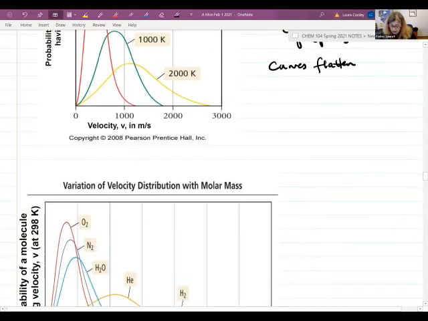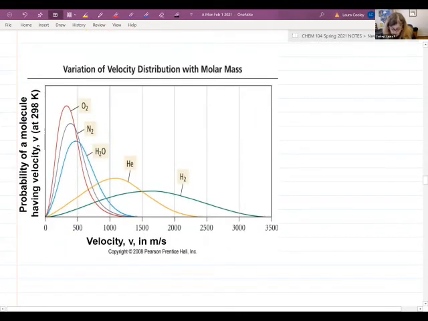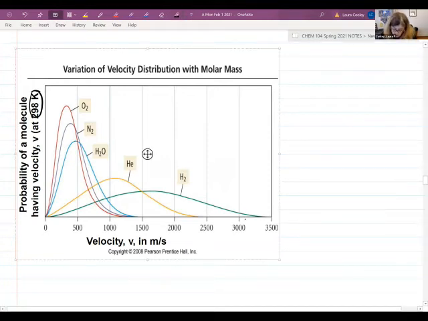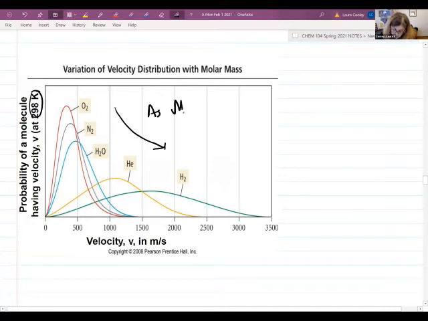And now here are some curves. This is at 298 Kelvin. Of course, this would change at different temperatures. But you can see some of the common gases: oxygen, nitrogen, water, helium, and hydrogen. You can see how their distribution of speeds changes. This is showing what happens as the molar mass decreases.